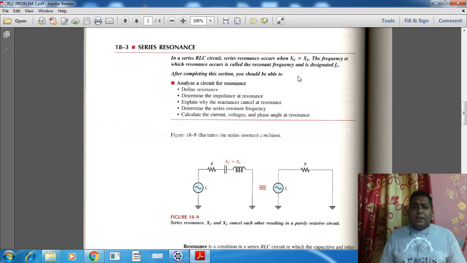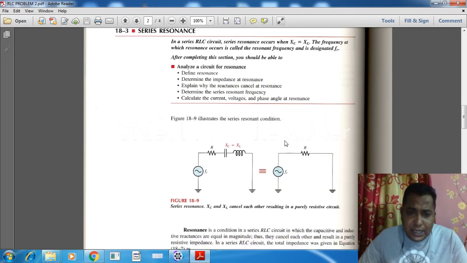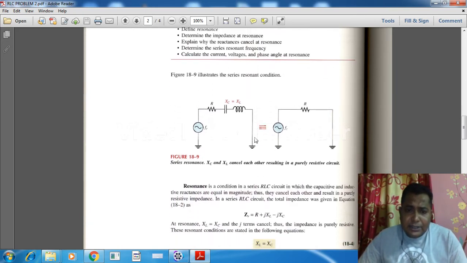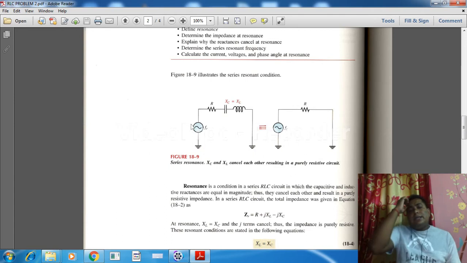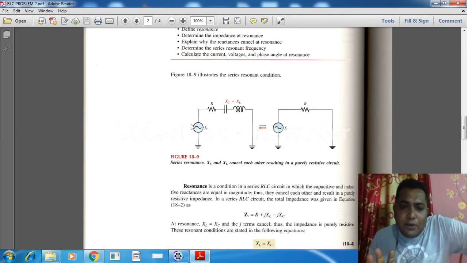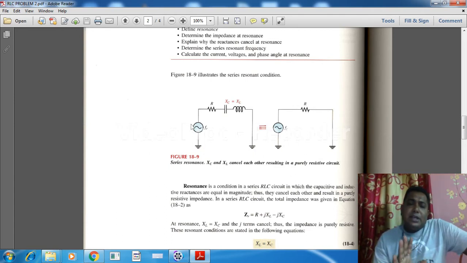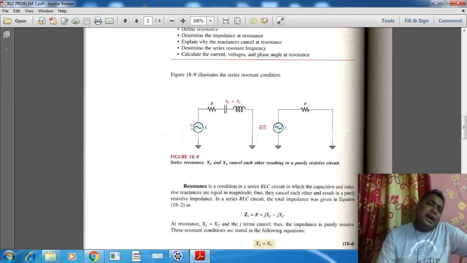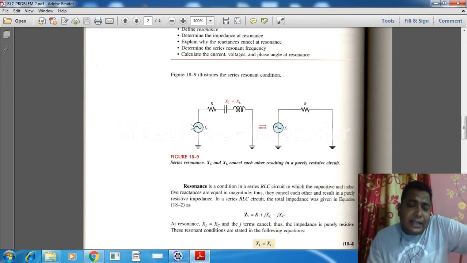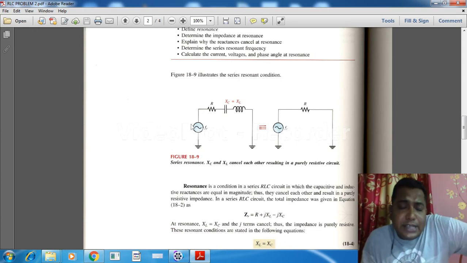Now, coming to the diagram, it is very important. In the series resonance figure, there are two diagrams. In the left hand side diagram we can see the R, L, C components, and an AC source is connected.